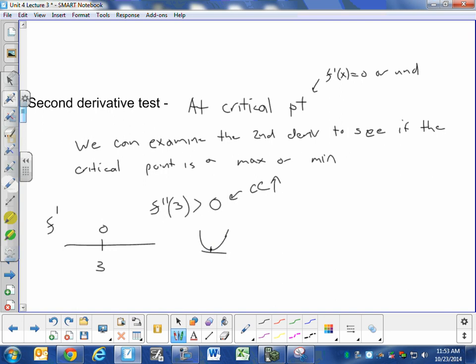This is another way we can examine if we have extrema. I don't like using this way. It's confusing, actually, because you think first derivatives deal with maxes and mins, increasing and decreasing. Second derivatives deal with concavity, concave up, concave down. It's just an interesting thing, and there's actually a couple problems on the AP exam that I've seen over the years where you have to understand concavity to find maxes and mins. On your homework, I don't want you to use the second derivative test if you're asked to.